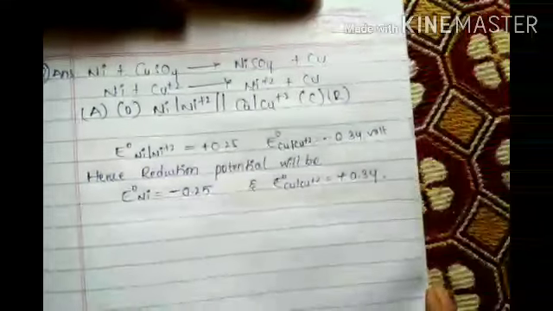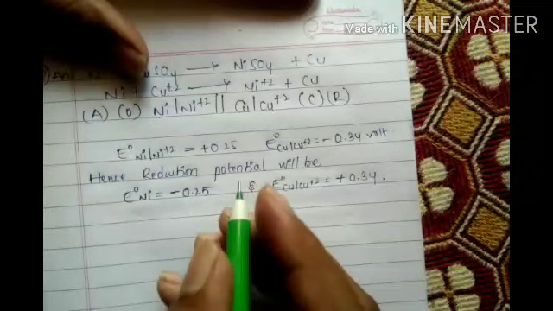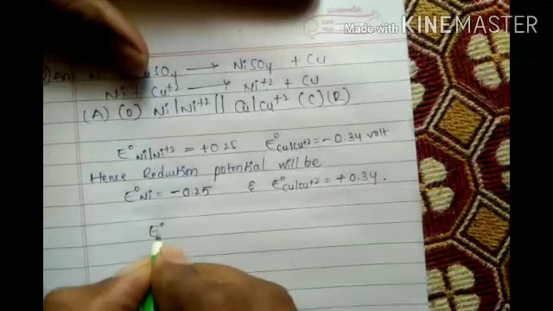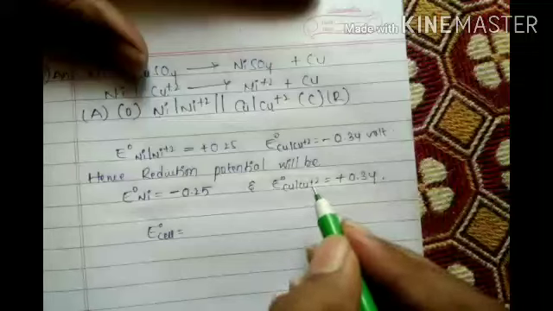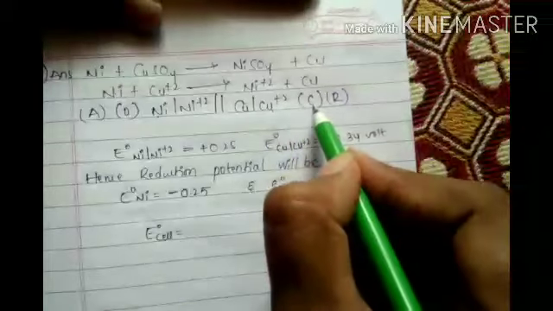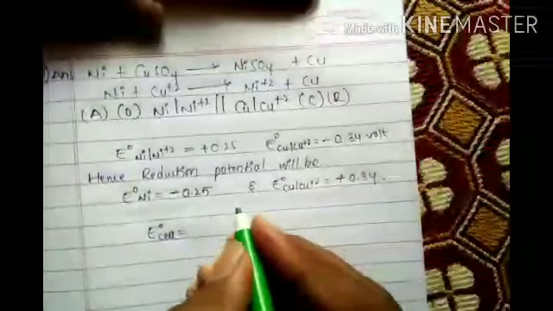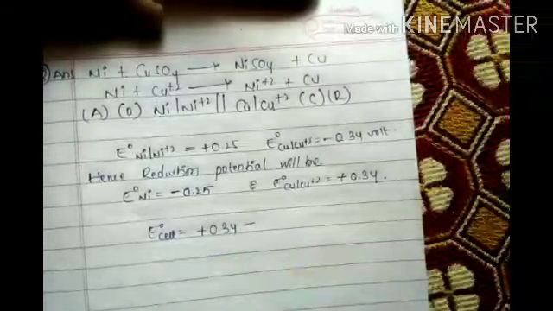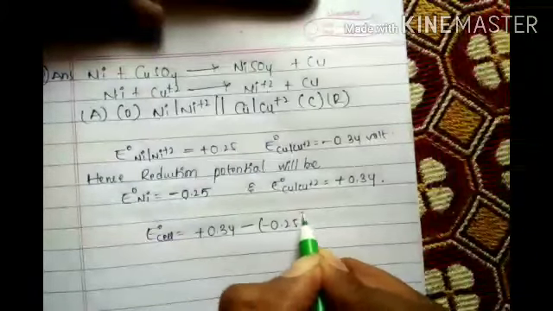Okay? Now, RHS minus LHS, cathode minus anode. E cell equals to, what is cathode here? Cathode is this one, so this one Cu: plus 0.34 minus 0.25.